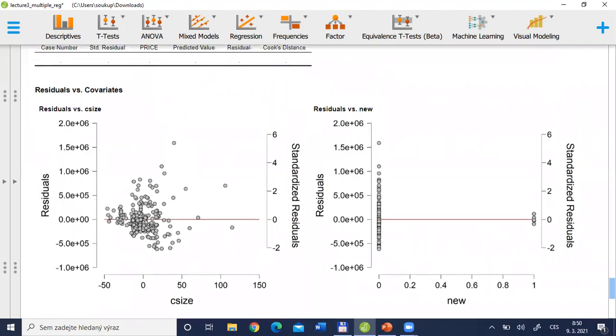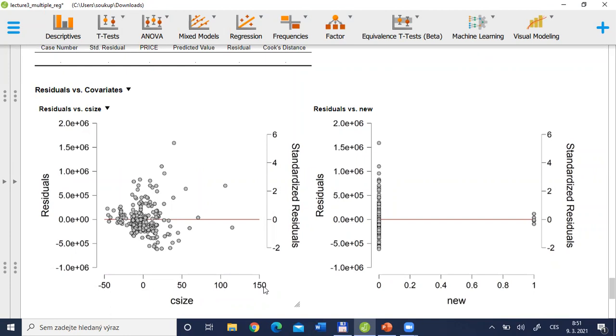But here we can see, at least for this variable C size, that it seems slightly that the variance in this picture is increasing as size is increasing.